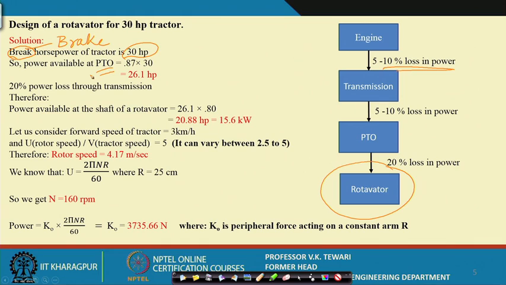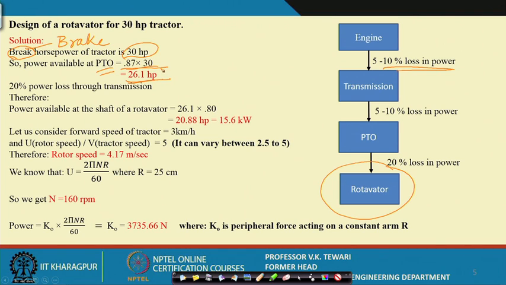I have also told you earlier that this is the power outlet where we get maximum power from the tractor. So we take 0.87, 87% of that, and we get about 26.1 horsepower.